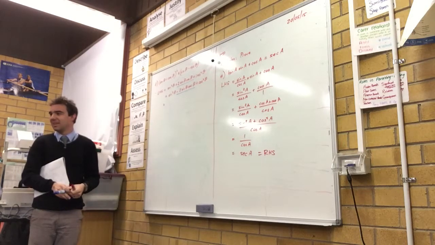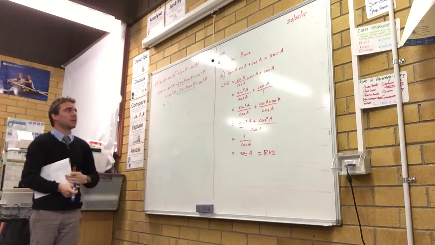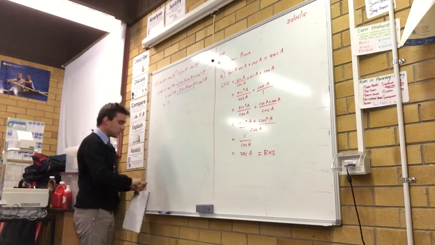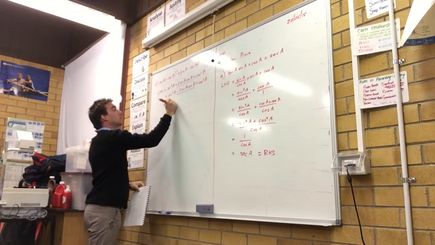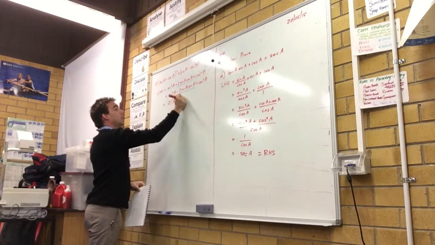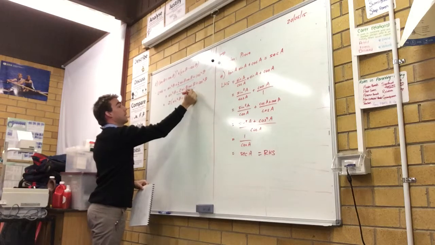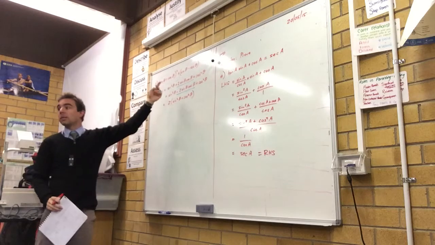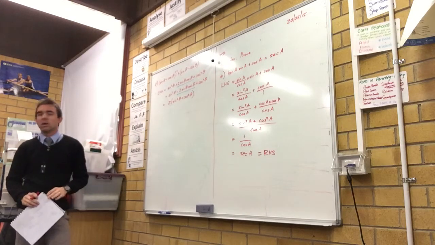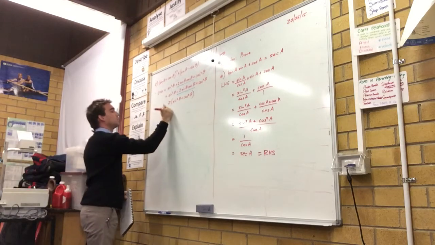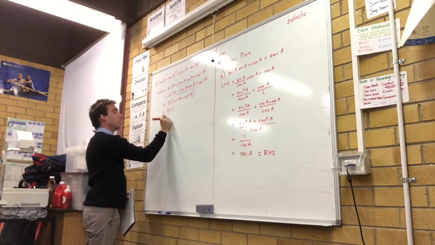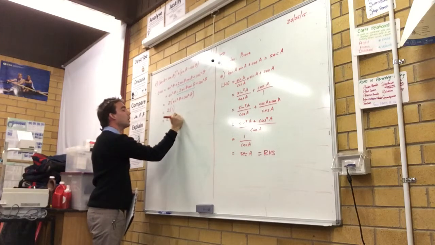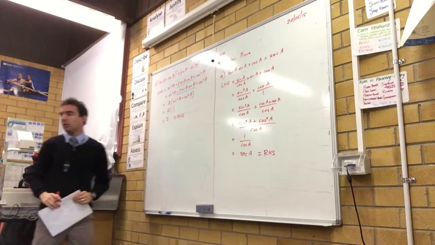The 2 in the middle cancel out, yes? Alright, so I have 2 lots of sine squared theta plus cos squared theta. Or you can simply write 1 plus 1, that's fine. Which is equal to 2 lots of 1, which is 2. And then at the very end, which equals the right hand side.